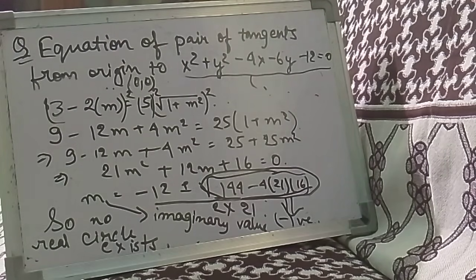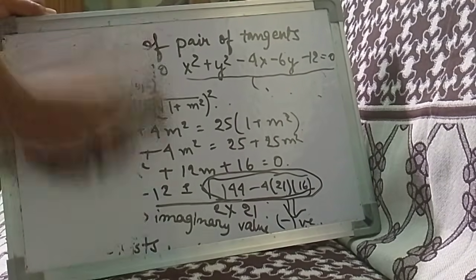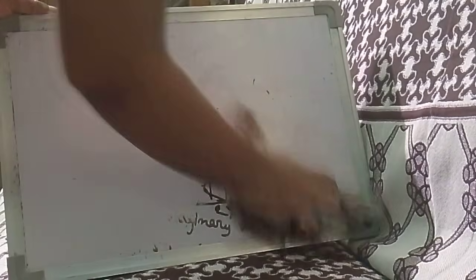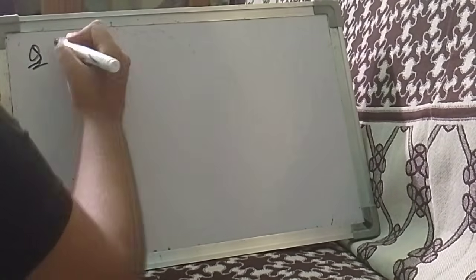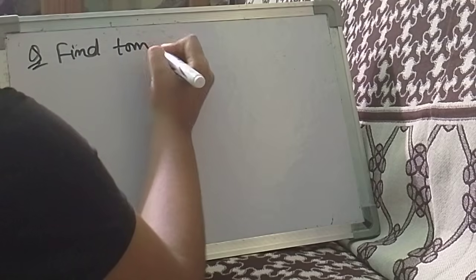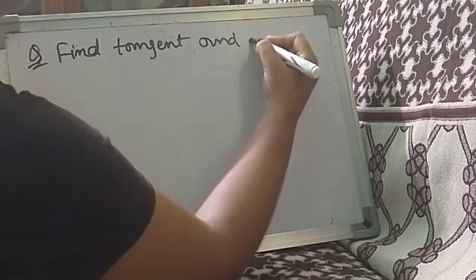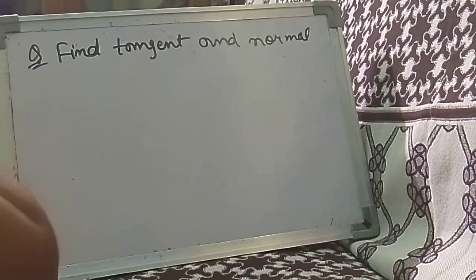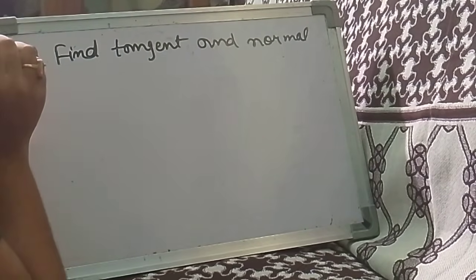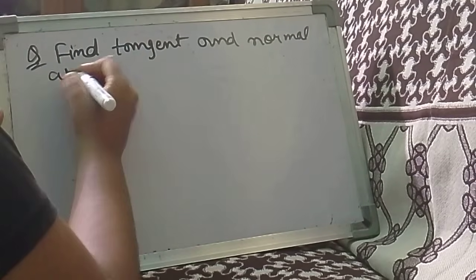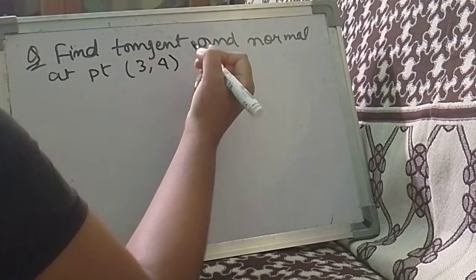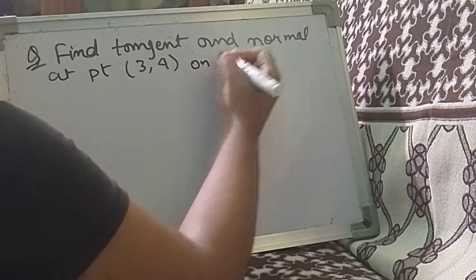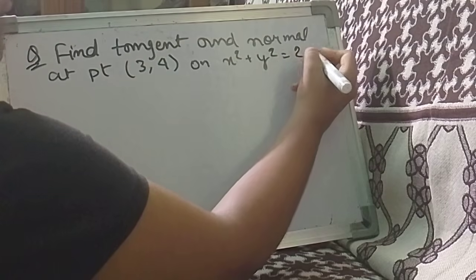Now moving to our next question. It is said, find the tangent and normal at point (3, 4) on the circle x square plus y square equals 25.